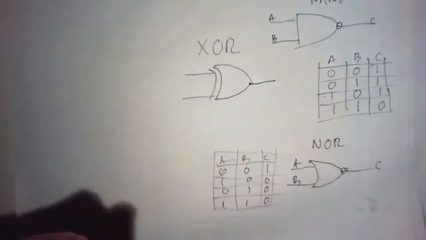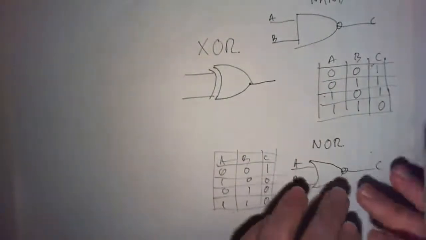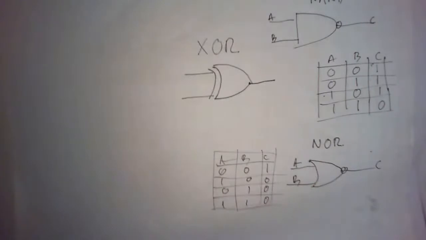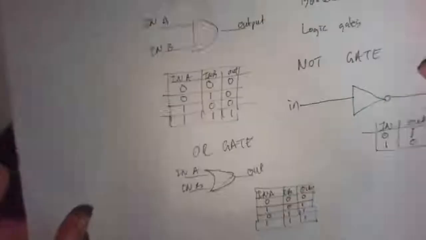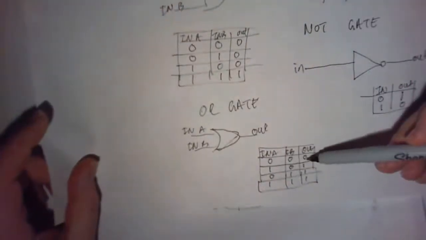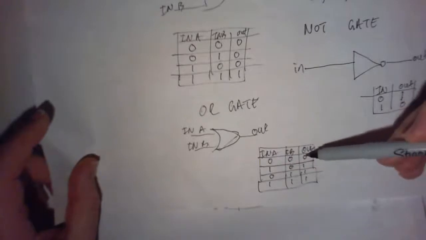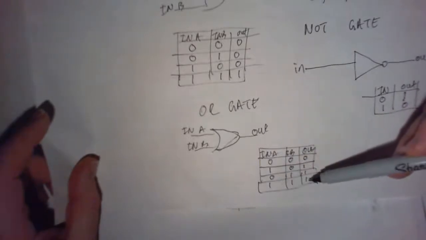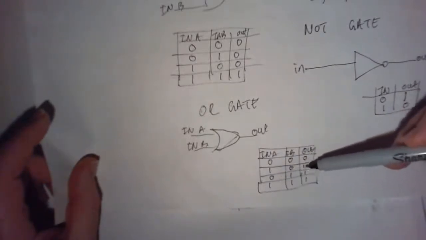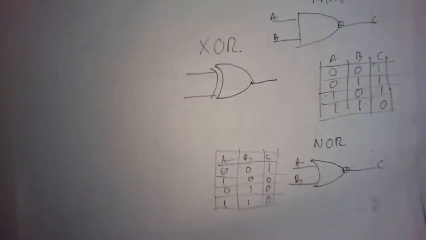Now, exclusively OR is just like the OR. It's not like the NOR. It's just like the OR. If you look at the OR gate, it had a 0 when it's all zeros and a 1 when it was all ones, but it also had ones in between. This one, exclusively OR, is a little bit more finessed, for want of a better word.